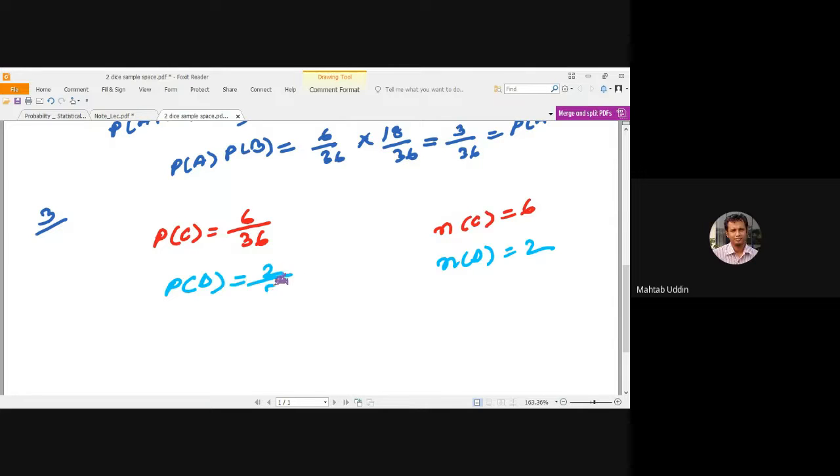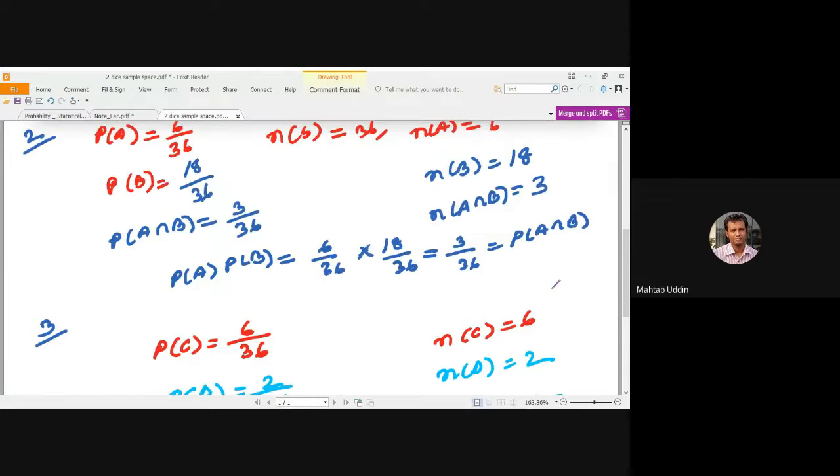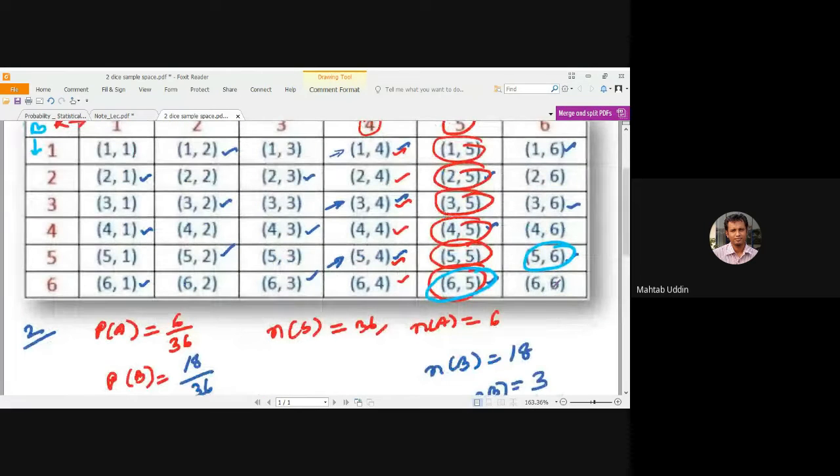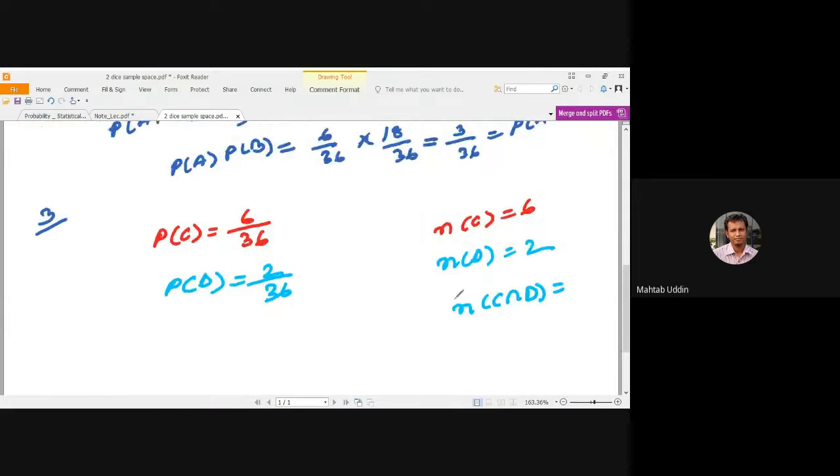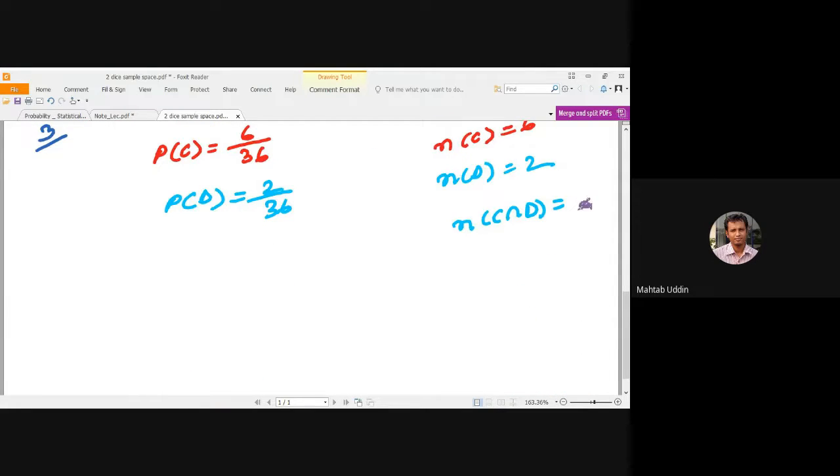Now you can see n of C intersection D. How many common elements are there? Only 1. So we get P of C intersection D is equal to 1 by 36.